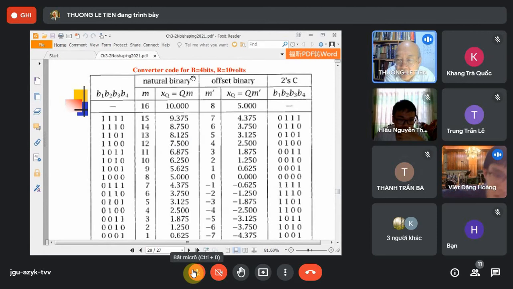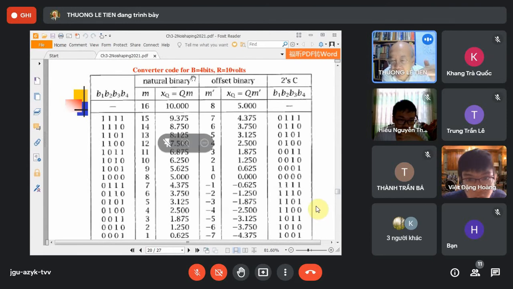It is 0.625. Just take R divided by 2 to the power of B. That means we take 10 volts divided by the number of quantization levels. 2 to the power of 4 is 16. 10 over 16 equals 0.625. Okay, Q, the quantization width or quantization resolution.